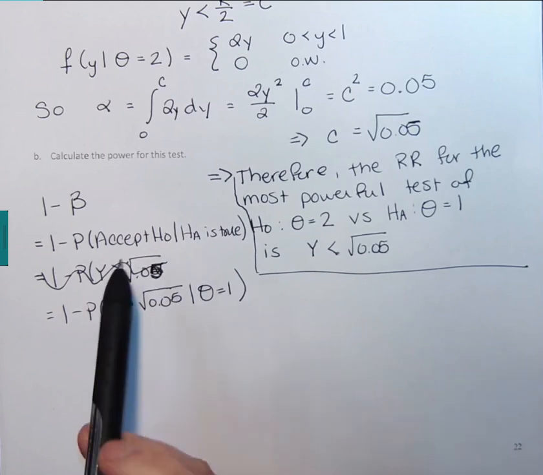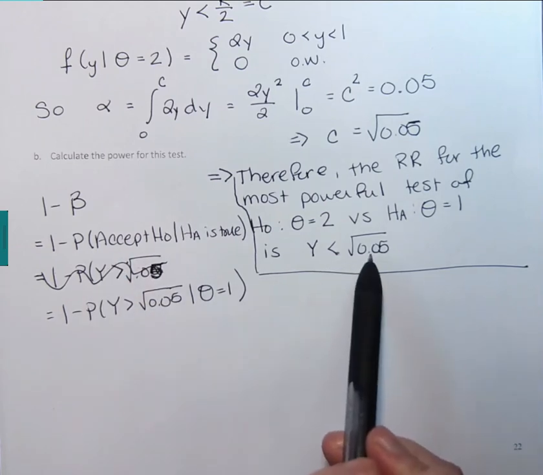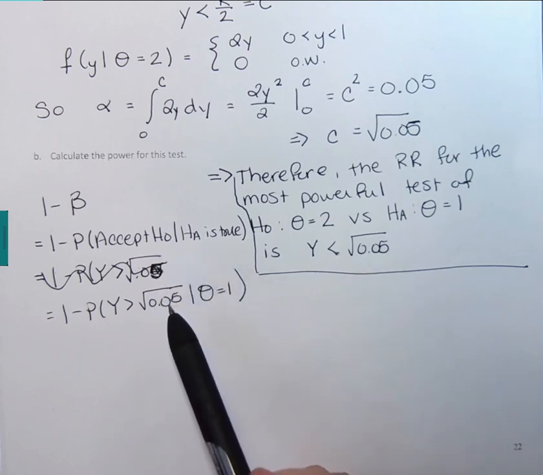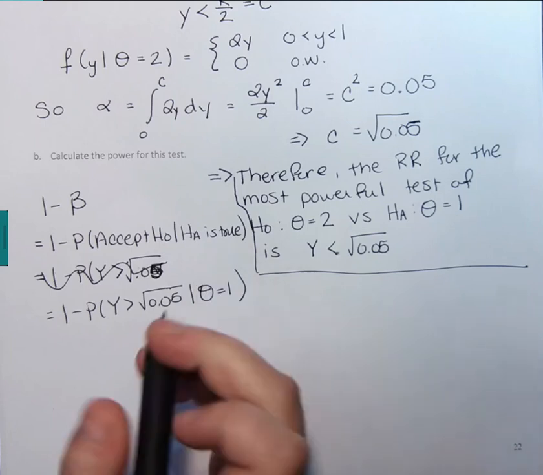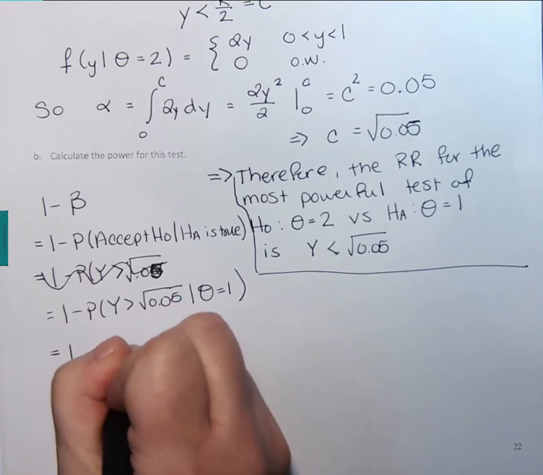So where are these coming from? Notice if we reject when y is less than the square root of 0.05, that means we would accept when y is greater than the square root of 0.05, and then under the alternative, theta was equal to 1. So to find that probability, we need integration.